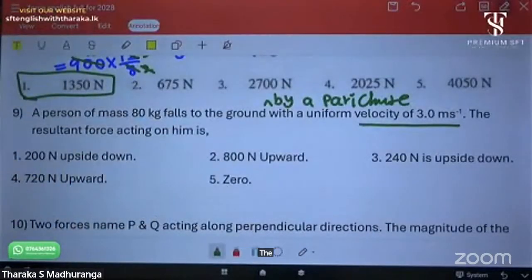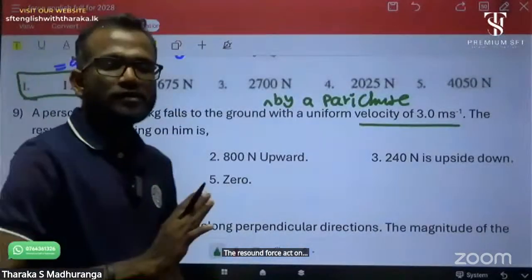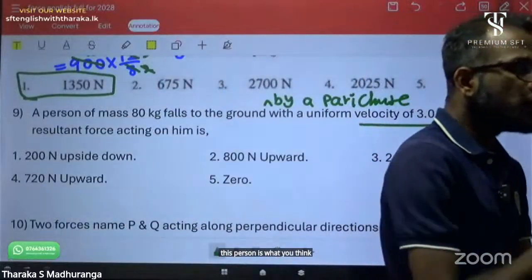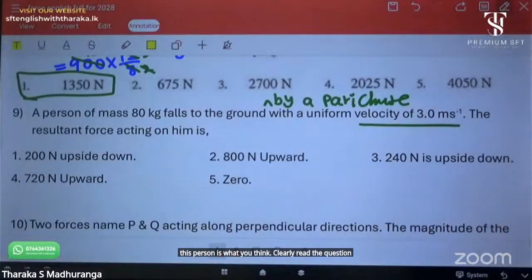The resultant force acting on this person is, what do you think? Clearly read the question and send your answer.